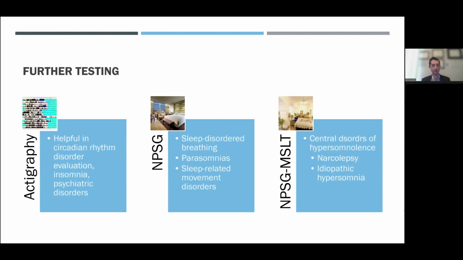So actigraphy, the nocturnal polysomnogram, the NPSG, MSLT, these are the tests that we rely on in sleep medicine to help evaluate what is the global picture of their health in terms of sleep-wake disorders. Actigraphy is not really covered by insurance, so one way of going around that is to get a good history, a sleep diary, and maybe they have a wearable that they use, which may not be FDA approved, but it may help paint the picture of how they're sleeping, how they're moving around, the Oura Ring, an iWatch, something else that you can download the data, maybe take a look at things and get an idea.